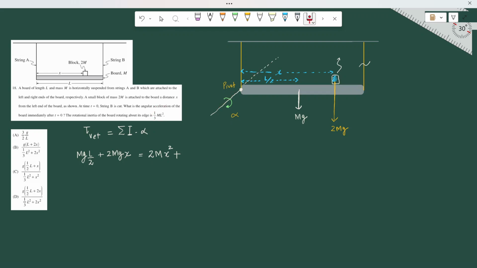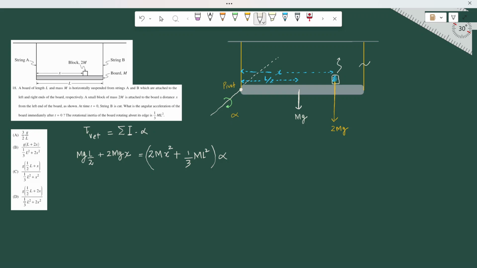Otherwise, if the pivot passed through the center, it would be 1 over 12 ml squared. So we should consider 1 over 3 ml squared. Sorry, we should multiply it with alpha, since we want to find alpha, right?